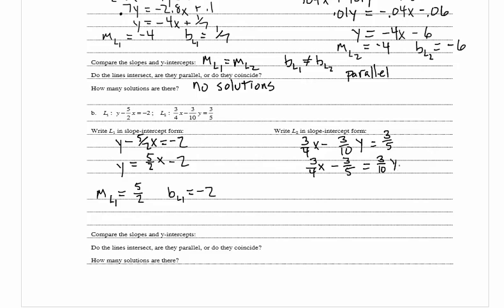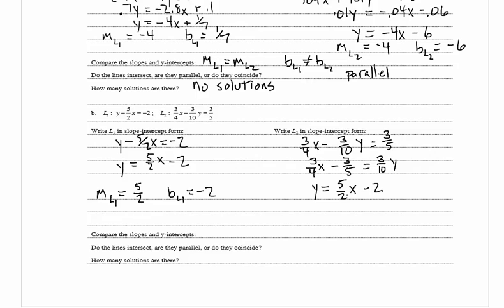And now I'm going to multiply both sides by 10/3. So I get y is equal to 3/4 times 10/3 is equal to 5/2. So I have 5/2 x. And negative 3/5 times 10/3 is negative 2.